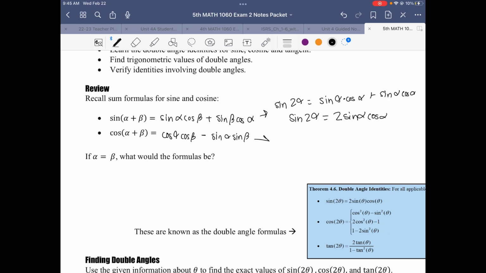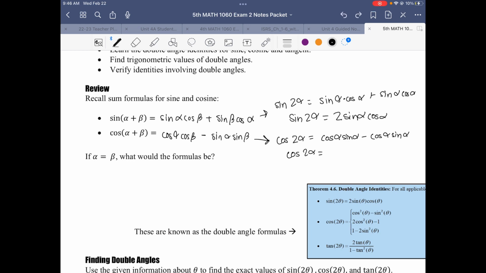Or, if we went with cosine, we would say the cosine of 2 alpha equals the cosine of alpha times the sine of alpha minus the cosine of alpha times the sine of alpha, because these are all the same. It doesn't matter, we can just switch them out. So the cosine of 2 alpha would be, well, hey, wait a second. What would something minus itself be?